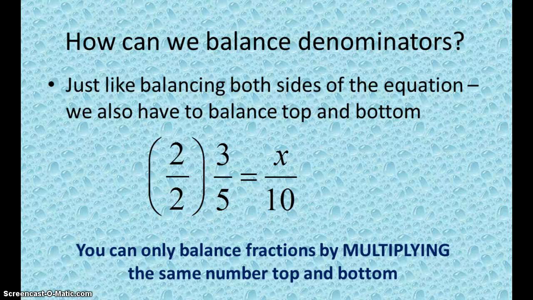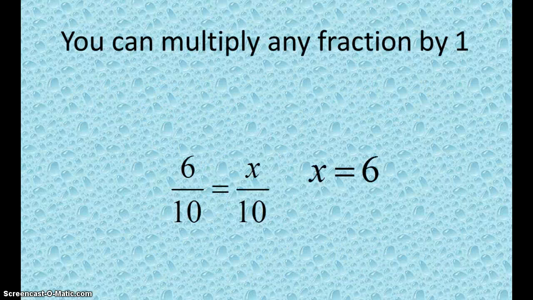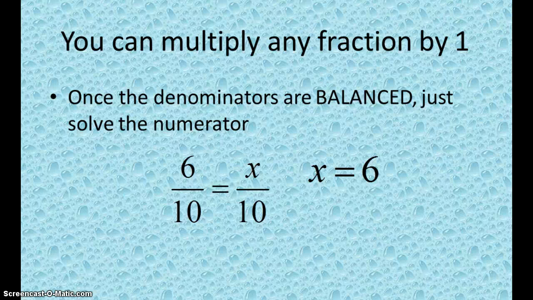All I'm really doing is multiplying that fraction by 1. I can multiply any fraction I want by 1. It doesn't change the equation. So when I do this, I'm balancing the top and the bottom, multiplying them both by 2, and what I get is 6/10. And now the bottoms are the same. I know that x has to be 6. Okay, so once the denominators are balanced, we're just solving the numerator just like before.